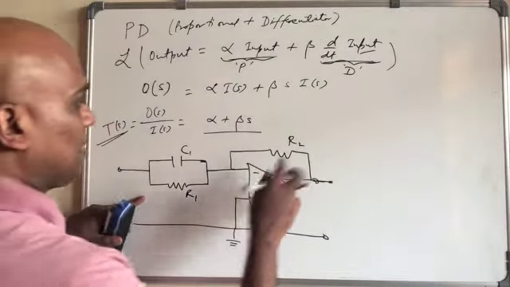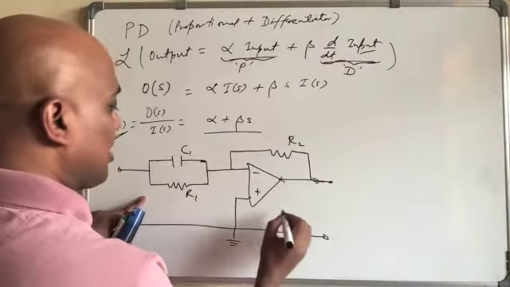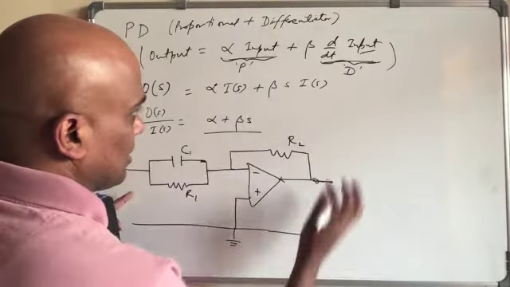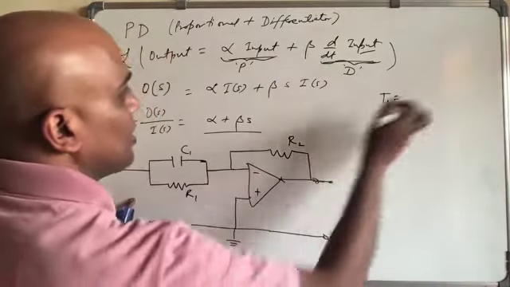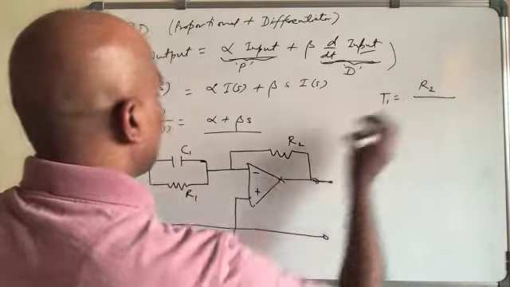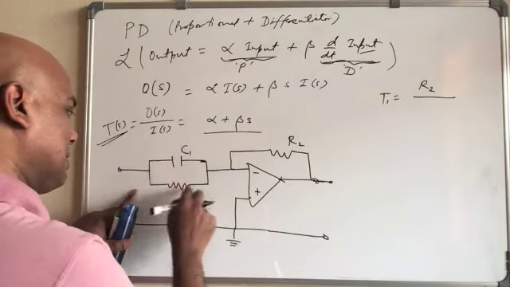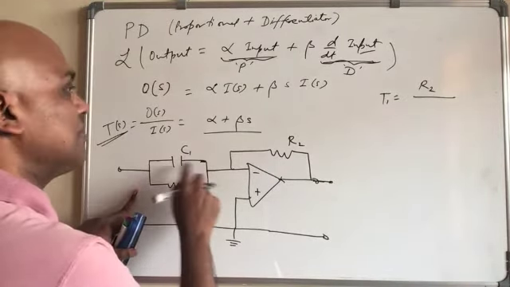Let's call this stage T1. T1 is equal to, we get R2 plus whatever the Z1 is.